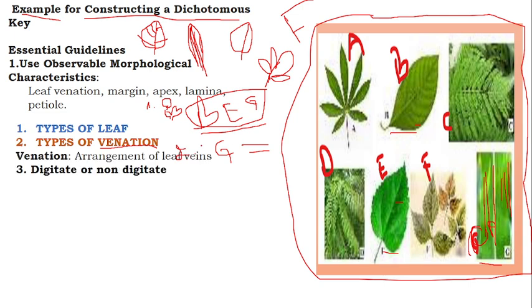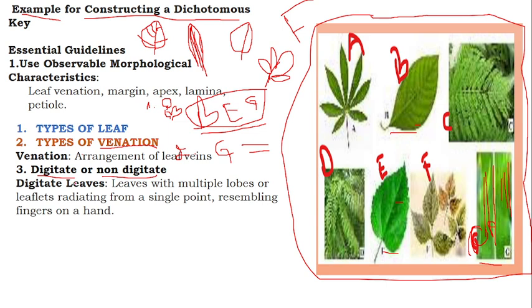Let me go to the other thing, called digitate or non-digitate. When we say digitate, digitate rifts are rifts with multiple lobules or leaflets radiating from a single point, resembling fingers. If you are seeing this one, these rifts are looking like fingers.